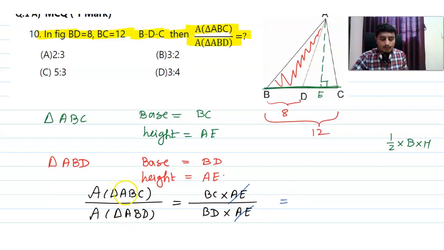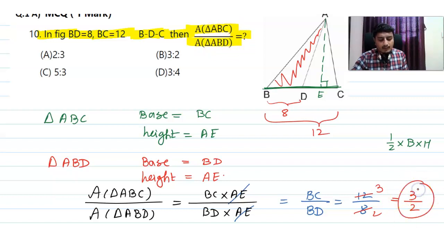The ratio of the two triangles is equal to the ratio of their bases. Replacing BC with 12 and BD with 8: 4 twos are 8, 4 threes are 12. So the ratio of area of triangle ABC and ABD is 3 divided by 2, that is 3:2.